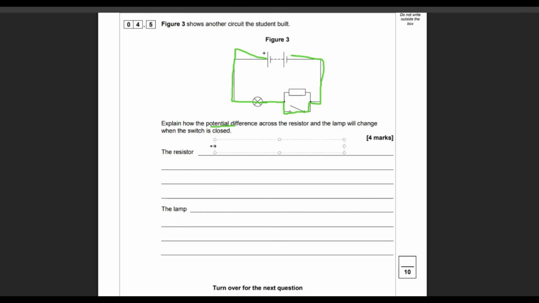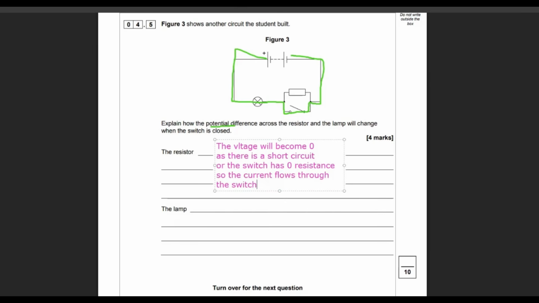In the resistor, the voltage will become zero as there is a short circuit, or the switch has zero resistance, so the current flows through the switch.